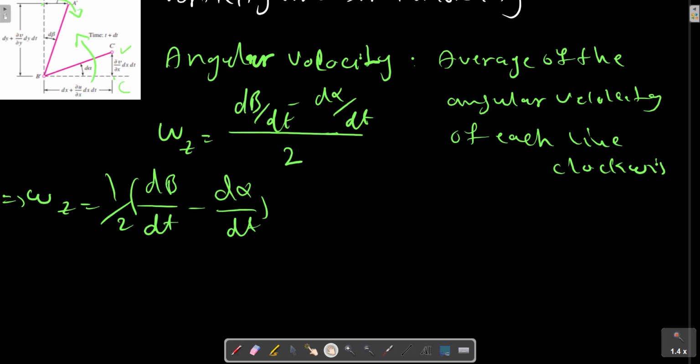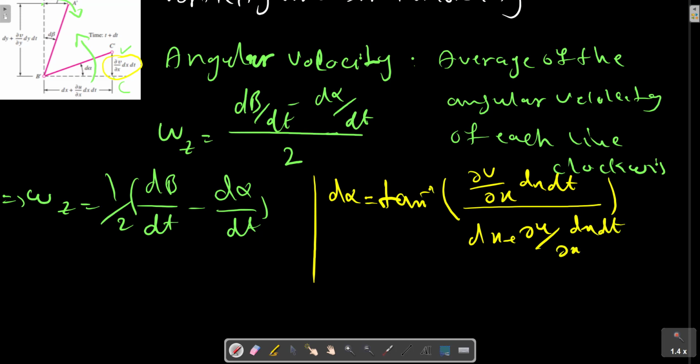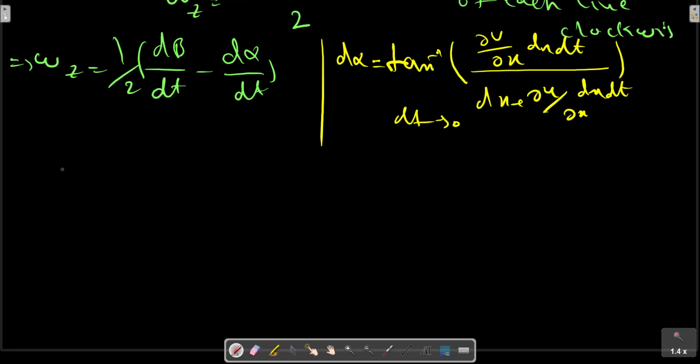For d alpha we have tangent inverse of the partial of v with respect to x, dx dt, plus dx. We make a limit on the tangent.